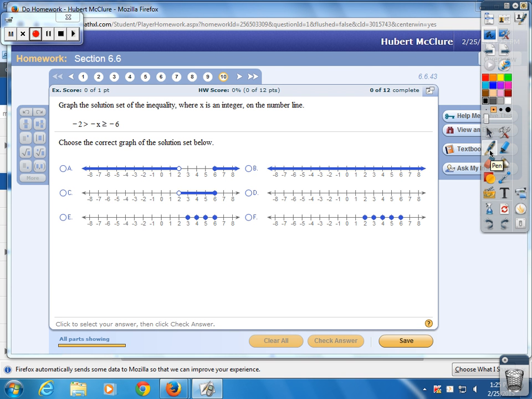So I'm going to write it out: -2 is greater than -x and greater than or equal to -6. I'm going to divide through by -1. Now what if that was -2x? What would you divide through by? -2. Okay, just want to make sure everybody understands that.